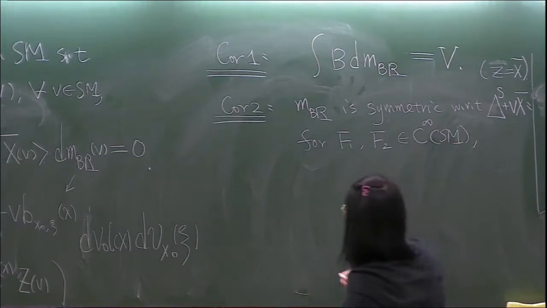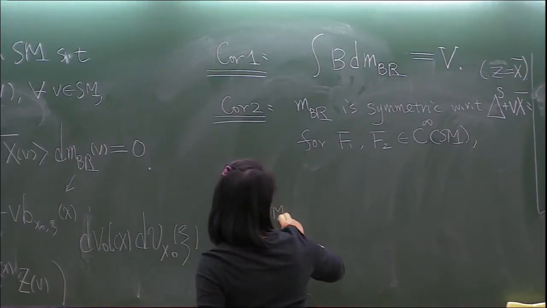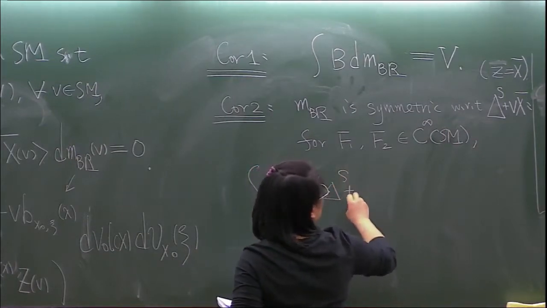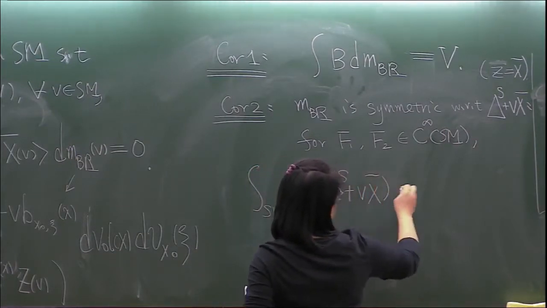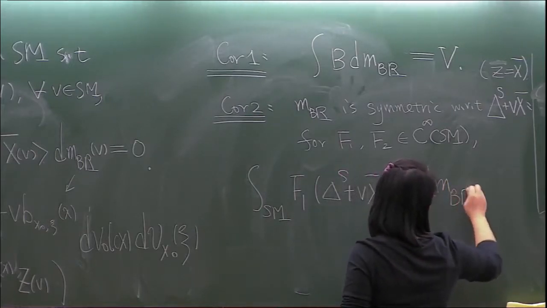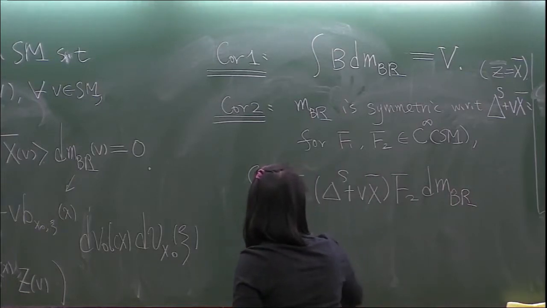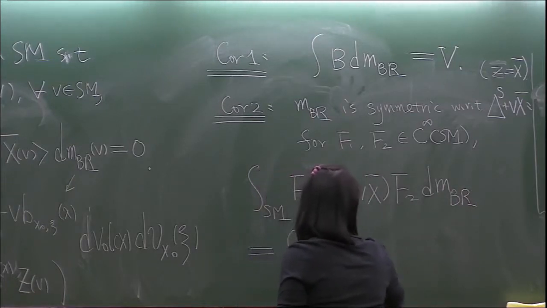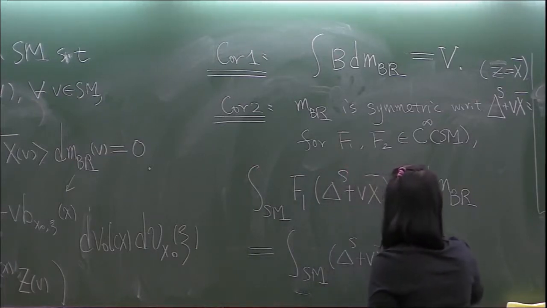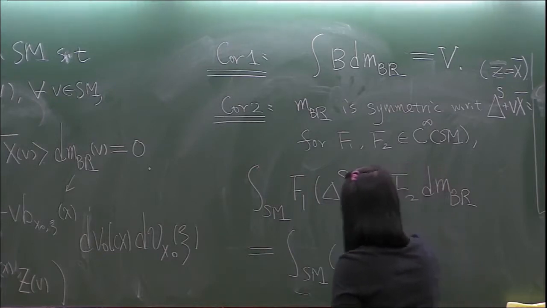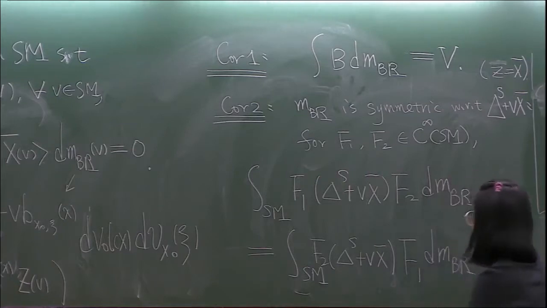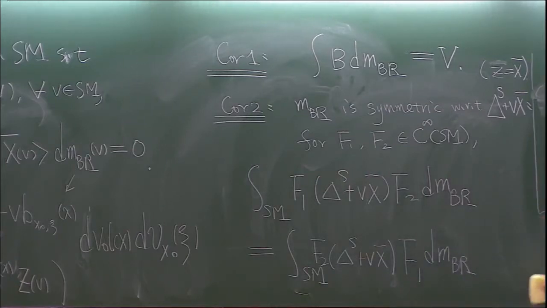Okay, then actually you will have the integral of F1 times Laplacian S plus v X bar applied to F2, dMBR, actually will equal to the integral of Laplacian plus v X bar applied to F1, times F2, and dMBR. Okay, it's symmetric with respect to this one.